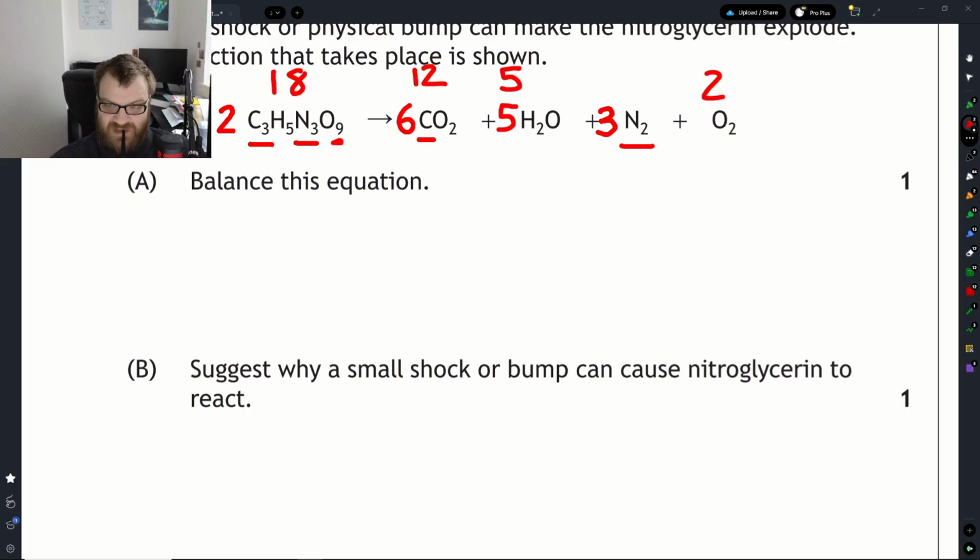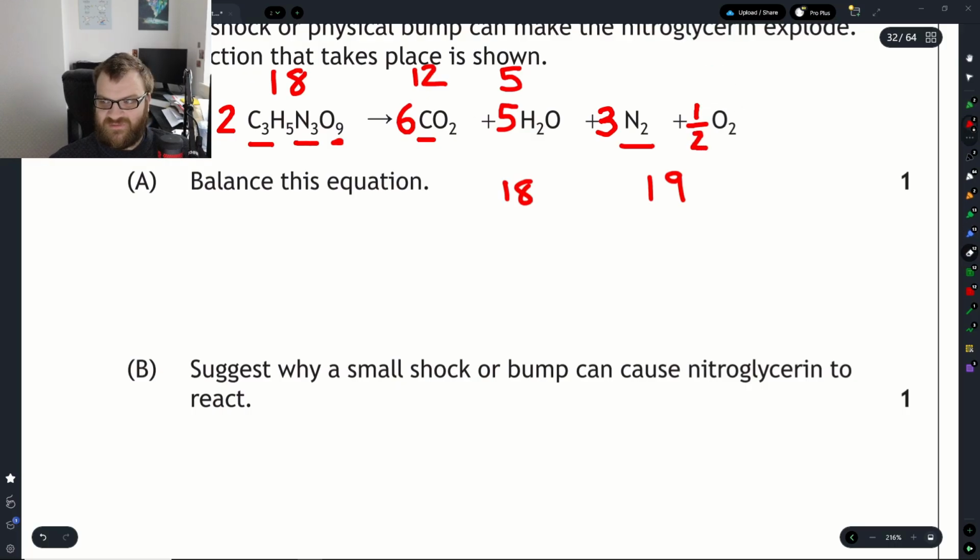Now, we need to think of how we can fix this. Nicely, we've got 18 versus 17, so we could just do half of an oxygen there, knock this down 1, get 12, add the 5, 17, and 18.